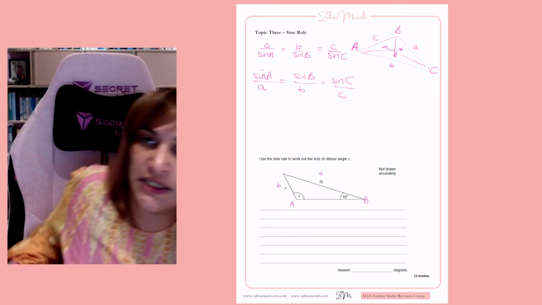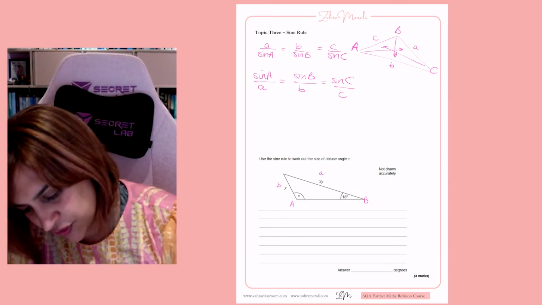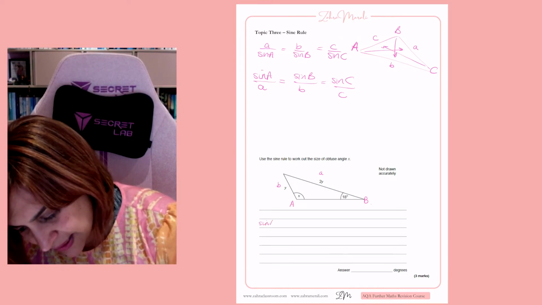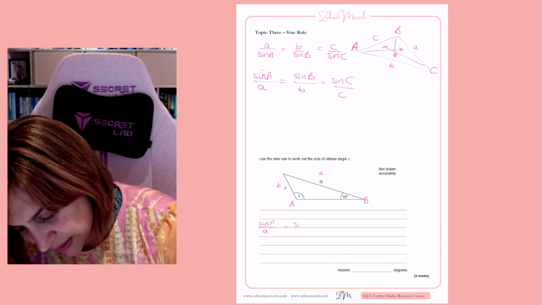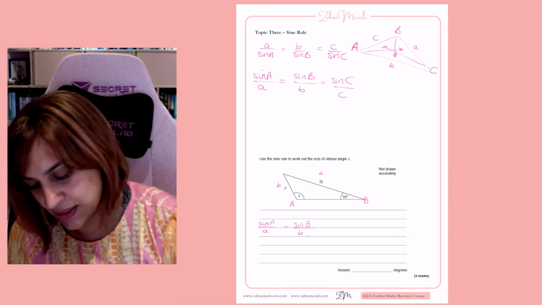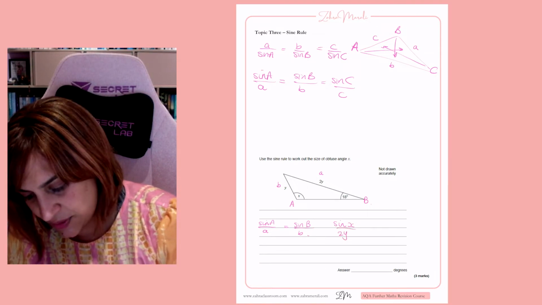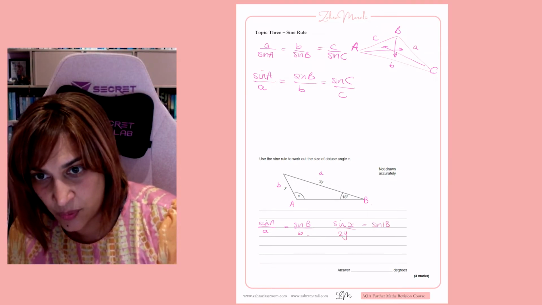Whenever we're trying to find an angle, use the flipped version. So we're going to use sine A over a equals sine B over b. So we're going to have sine x over 2y equals sine 18 over y.